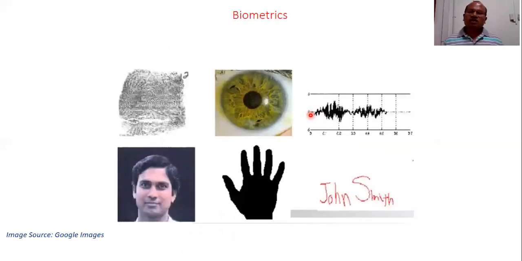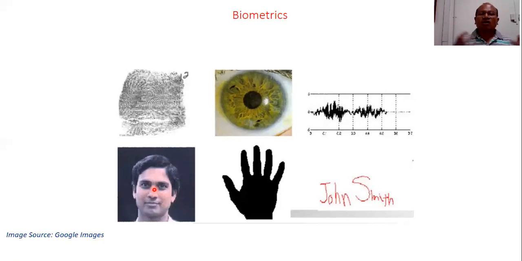You can see there are a number of pictures like fingerprint, iris, this is voice, this is the entire palm, this is a signature, and this is a person's own face. So there are a number of biometrics, bio plus metrics. So biological features, the biological characteristics are taken into consideration and the matching is done. The person's identity is authenticated.